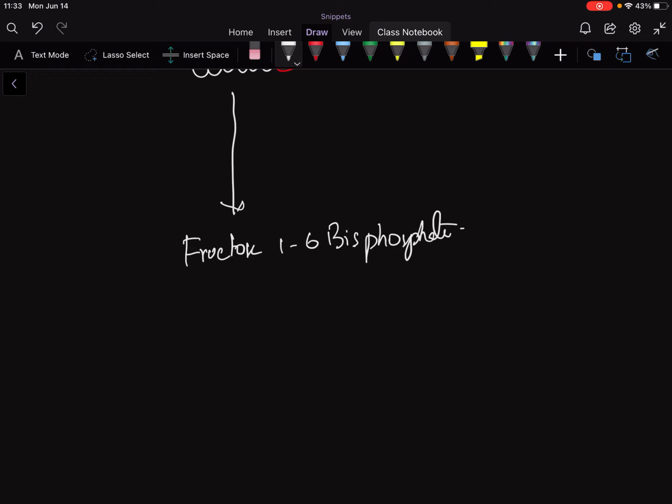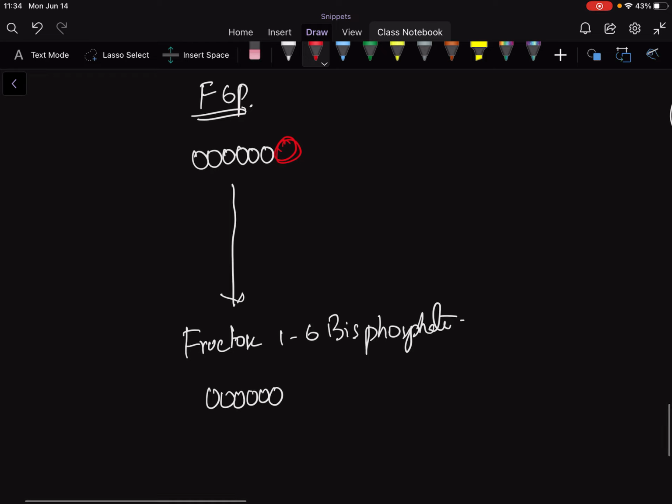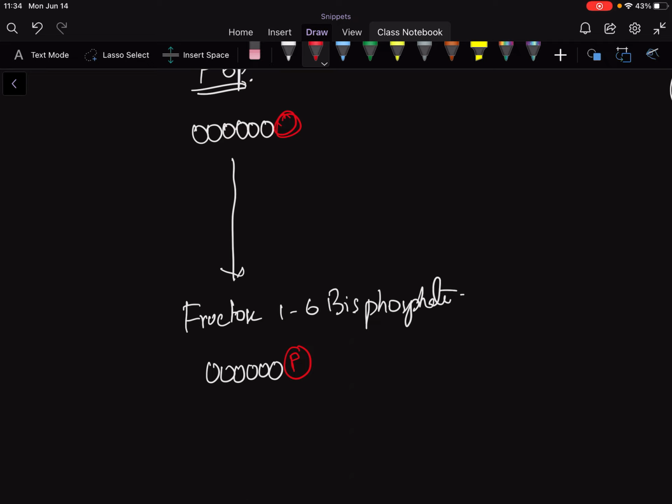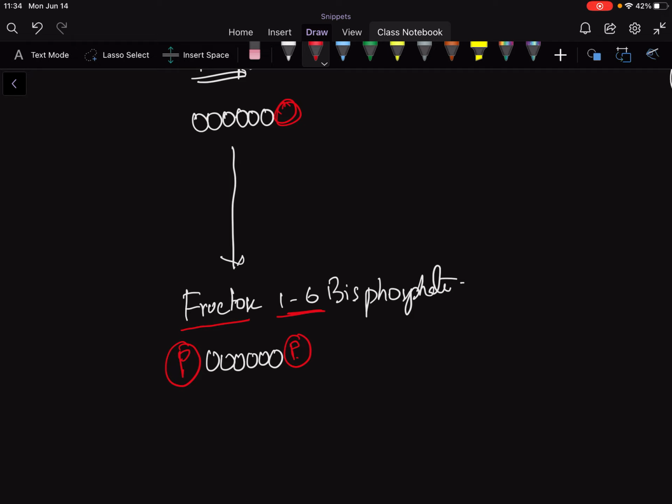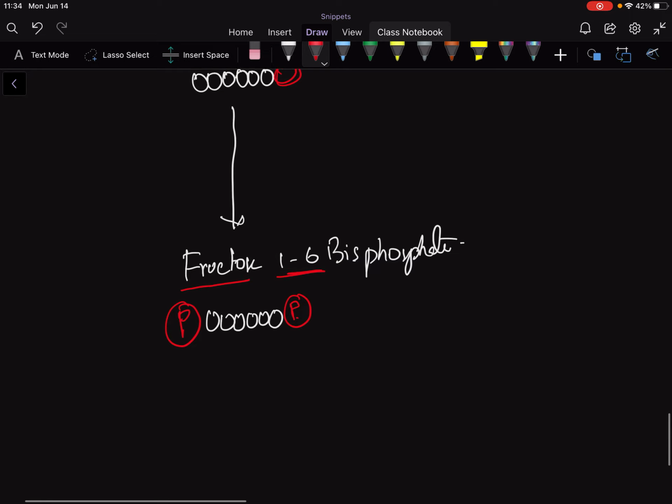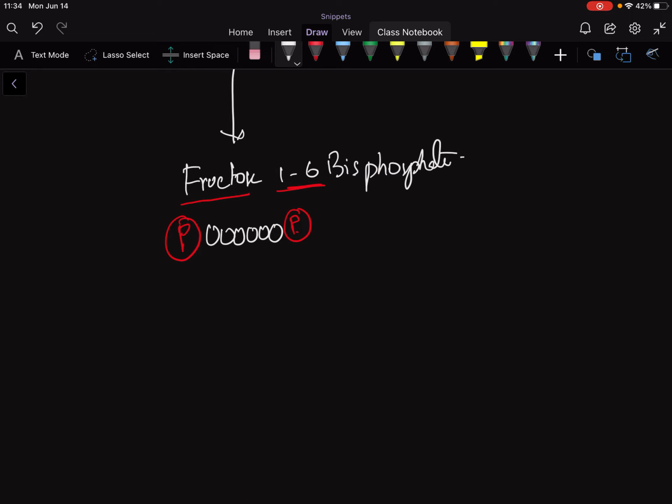As we already said, fructose is a 6 carbon compound, right? Fructose 6 phosphate already had a phosphate at the 6th position. Now we are adding a phosphate at the first position. This is called fructose 1,6 because phosphates are present at positions 1 and 6. So we call this compound fructose 1,6 bisphosphate. You should remember the difference between bi and bis.